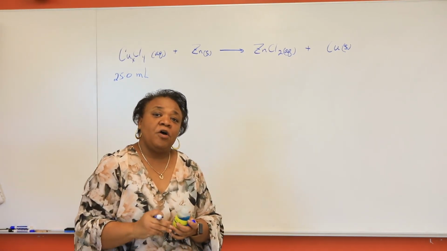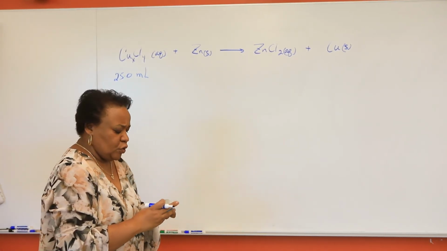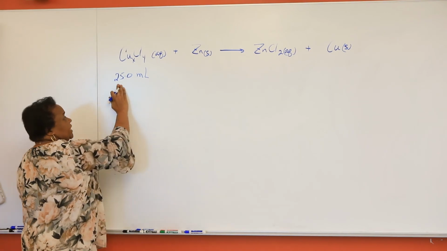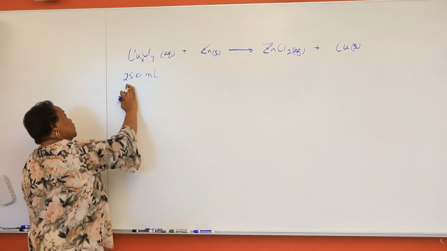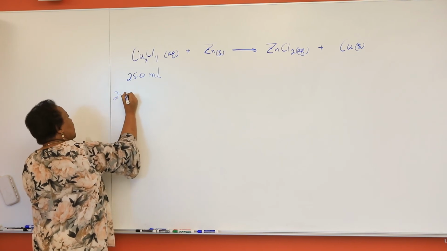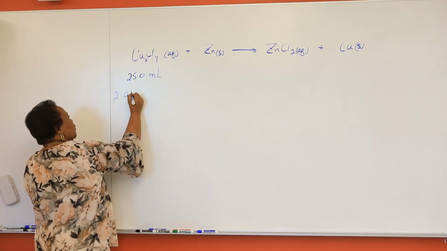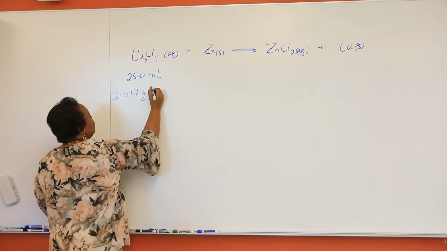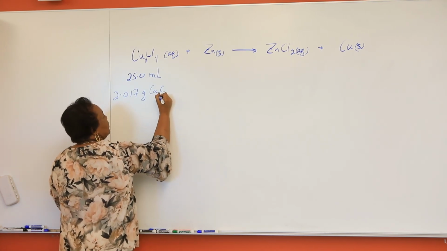And here on that data sheet, please make this note: if I obtain exactly 25 mLs of this solution, that is equivalent to a mass of 2.017 grams of this copper chloride solution.